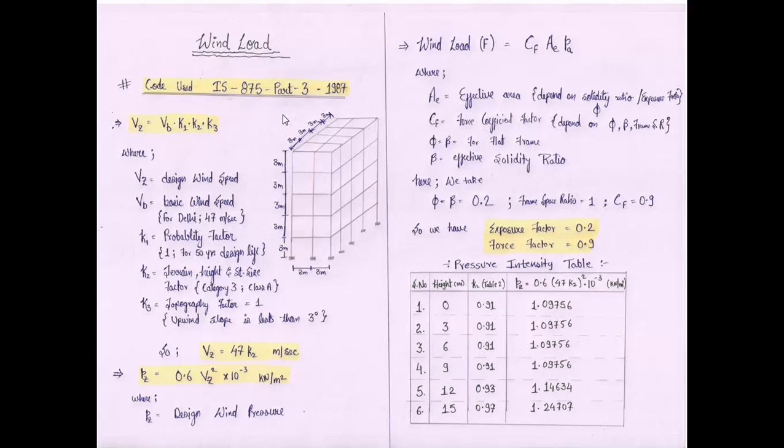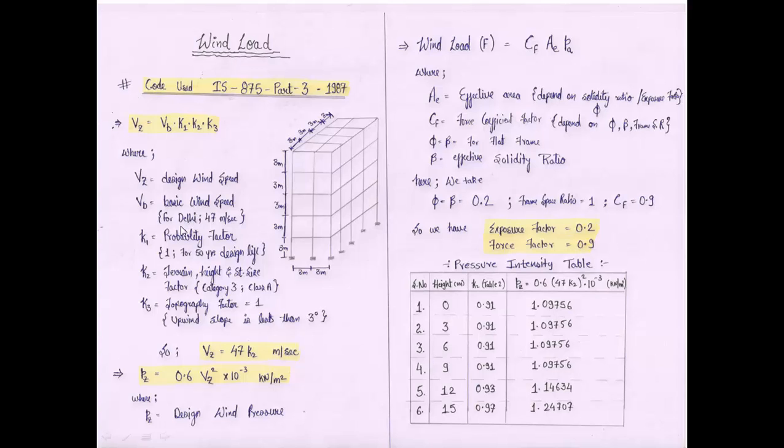The basic data we need is the basic wind speed for the region of our structure. Then we need to calculate design wind speed, which depends on different factors: probability factor, terrain height and size factor, topography factor. Select appropriate factor values from our code according to the structure.